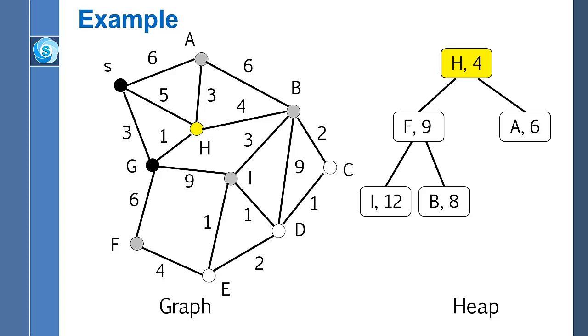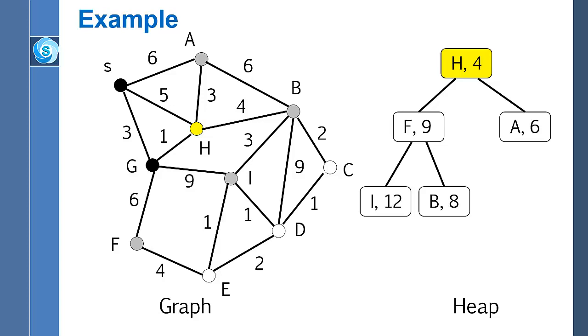Now, what other neighbors does H have? Well, let's see. S and G have already been processed, so we can ignore them. The only other one it has is capital A. Capital A has been discovered previously, but it has not yet been processed.